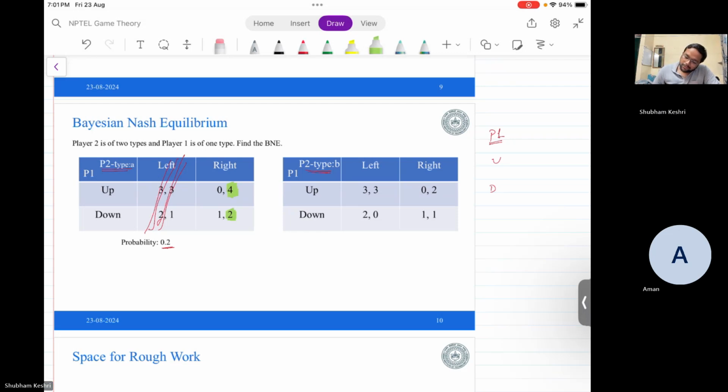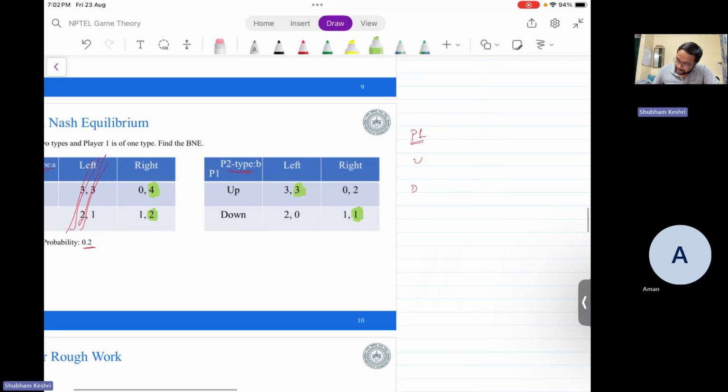Similarly, in the other game, when player 2 is of type B and player 1 plays up, the best response is to play left. On the other hand, when player 1 plays down, the best response of player 2B is to play right. In this game, there is no dominant strategy. Therefore, you will have combinations of strategies for player 2 when you consider the utility of player 1.